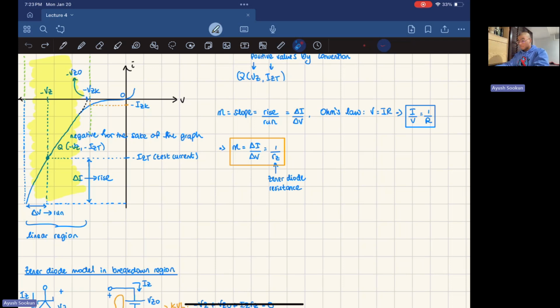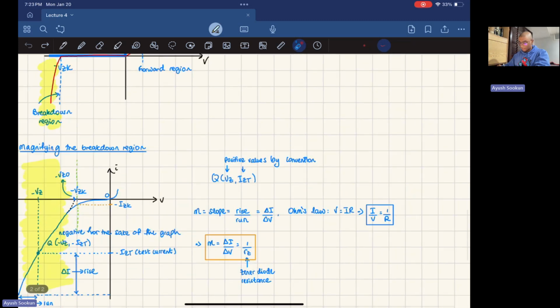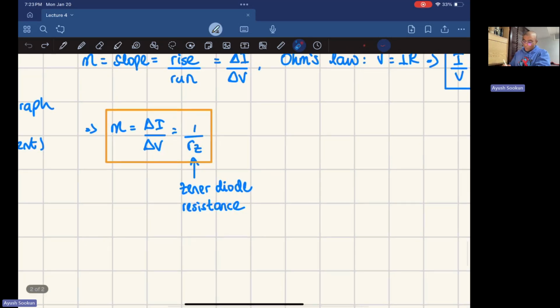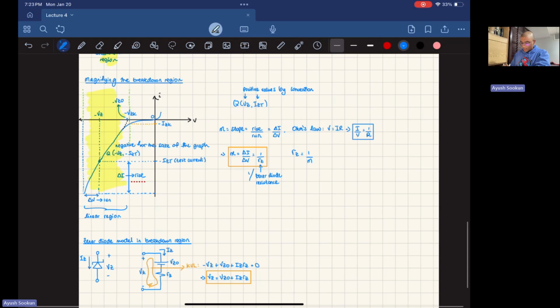I isolate it in terms of what I want, and there we go. We have a Zener diode resistance. Actually, this is wrong. It's not the Zener diode resistance. It's 1 over the Zener diode resistance. Okay. If I want to find RZ, I would have to flip this value. So RZ would be 1 over M. That's something to keep in mind.